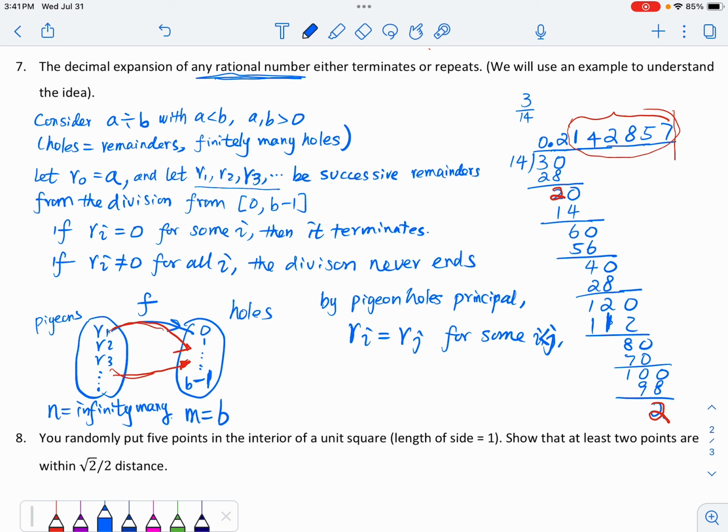Therefore, from Ri plus 1 all the way up to Rj minus 1, because Ri is the same as Rj, these will certainly repeat. Those are the ones that will repeat.